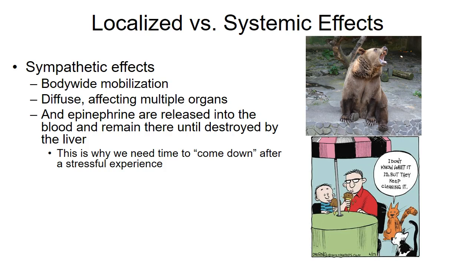Now, this is different than the parasympathetic. In the parasympathetic, we have those postganglionic neurons that are actually getting really close to their targets, their effectors. And so the effects of the parasympathetic are very much more localized.